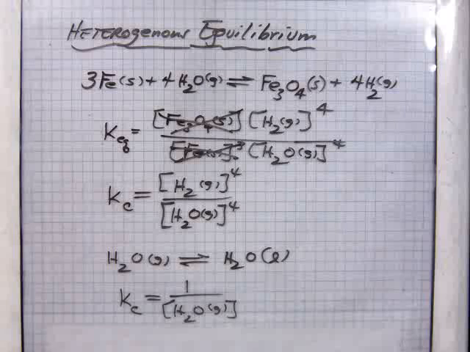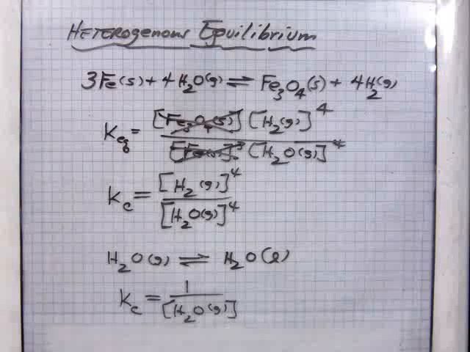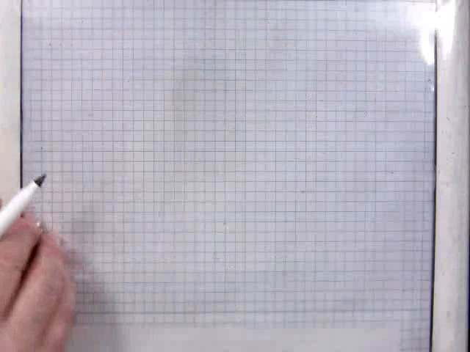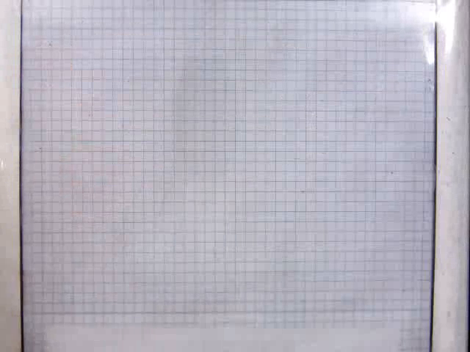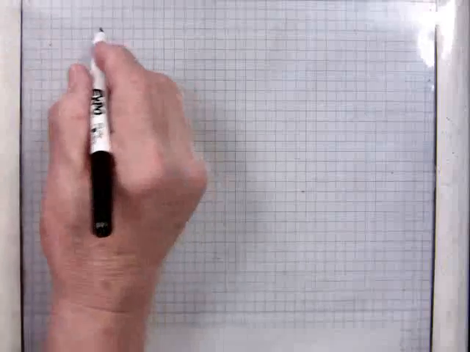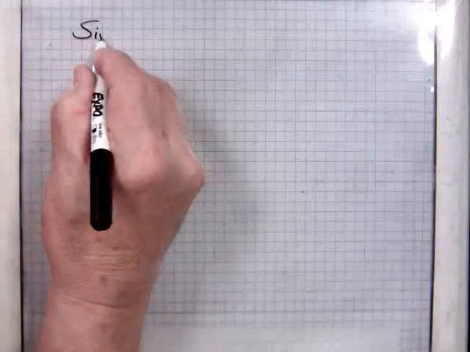Okay, the other example is if you have two reactions you're adding together, or they're called simultaneous reactions. They're both running at the same time. In general, the reaction system is referred to as simultaneous reactions.